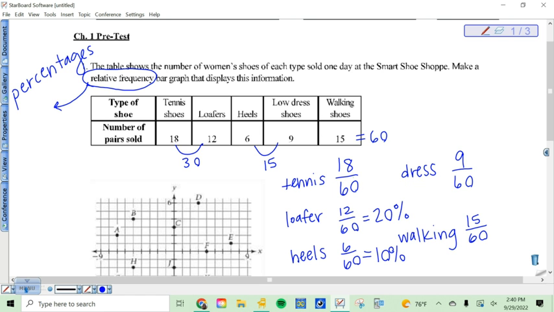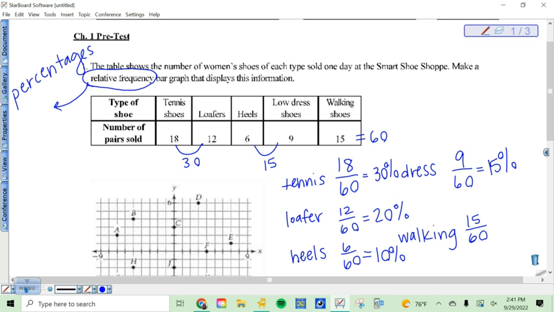So then what would 18 be? 30. Yeah, why 30? Yeah, because 3 times 6 gives us 18, so 10 times 3 gives us 30. Why is it 15? Yeah, 18 divided by 2 gives us 9, so then I just half my percent.